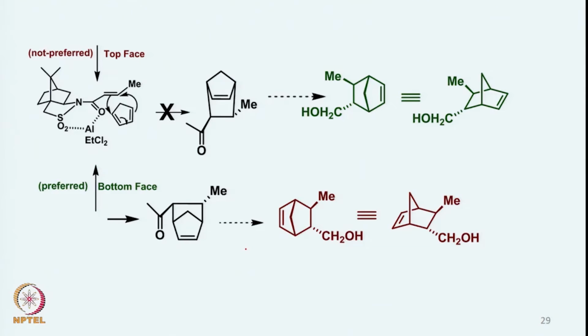Now what is happening is basically, when the cyclopentadiene is approaching the dienophile, it could approach either from the top phase or from the bottom phase, and the top phase is not preferred because of this steric hindrance here. The lower phase is the one that is preferred, or the bottom phase is preferred.